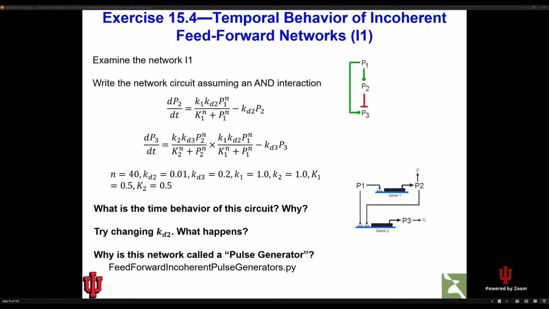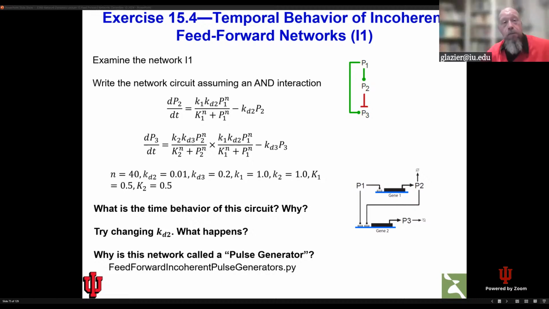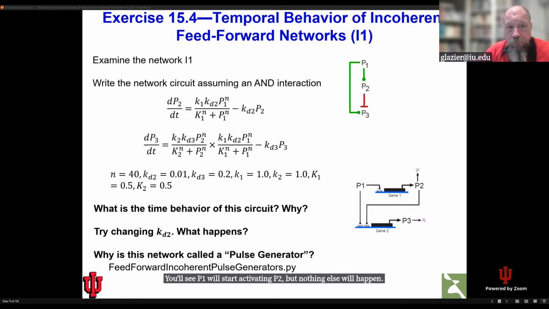How long should I simulate? Well, you have to simulate long enough that the system has reached equilibrium. If you simulate too long, you won't see anything happen. If you simulate too short an amount of time, you'll see P1 will start activating P2, but nothing else will happen. Again, if you want to screen share it, I can walk you through it.